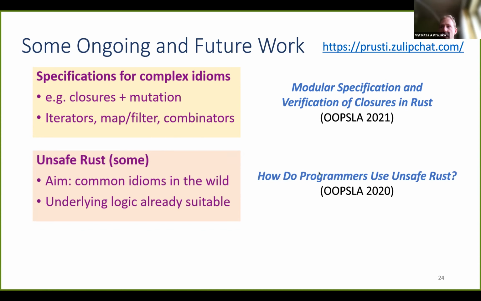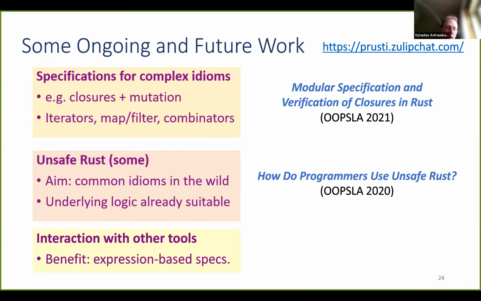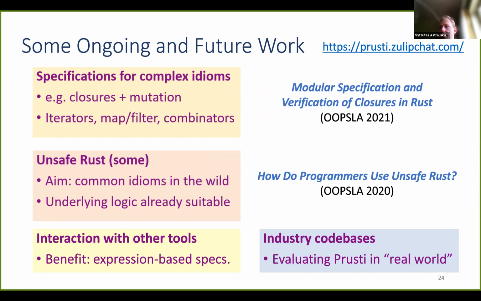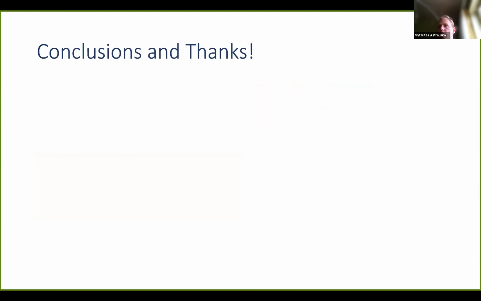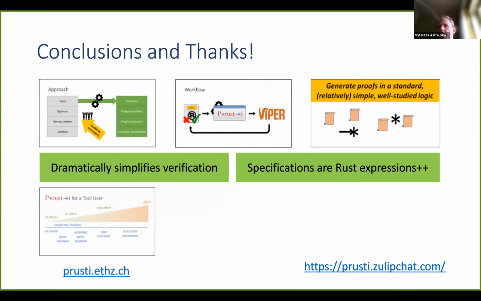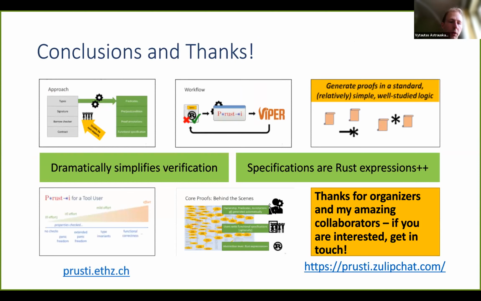And we have a paper where we explored what is actually in the wild, what the common idioms are. Another thing we're exploring is how Prusty could interact with other tools, like testing, model checking, and so on, and evaluating Prusty on real-world data. So with that, I would like to thank you.